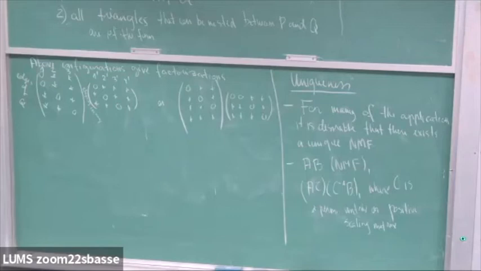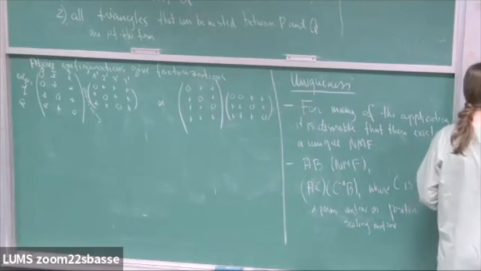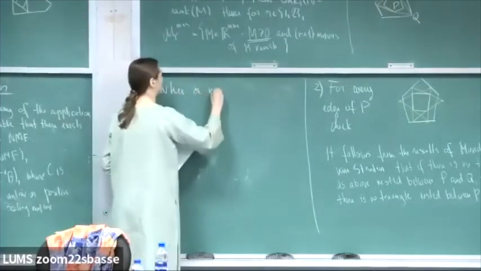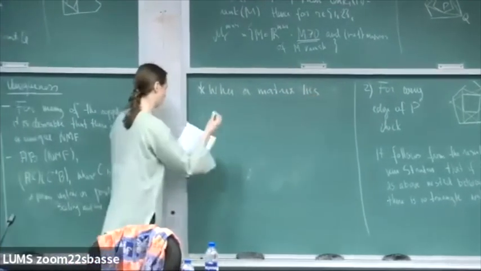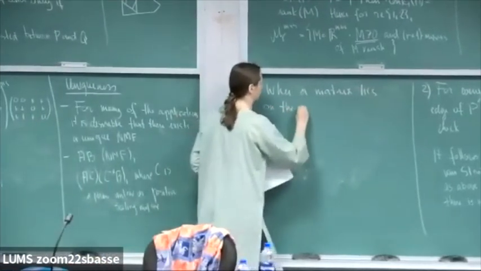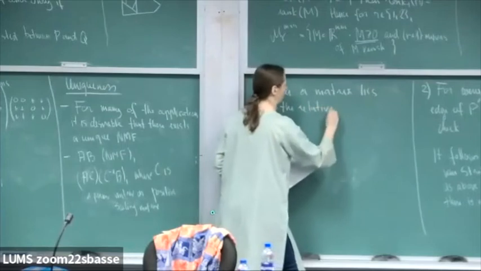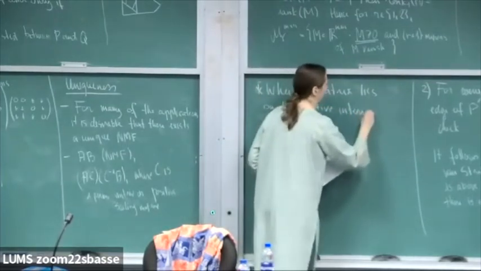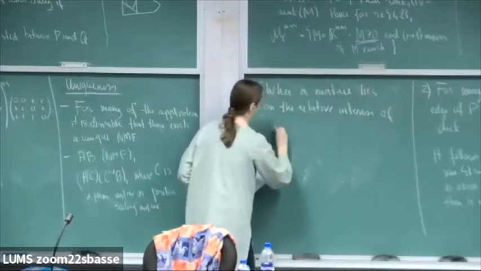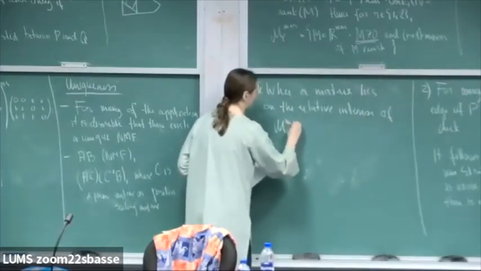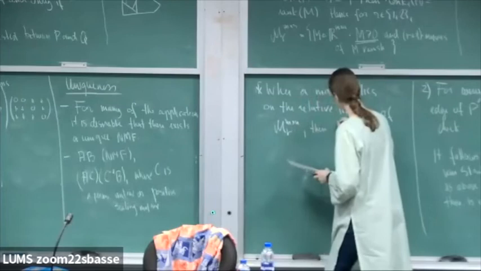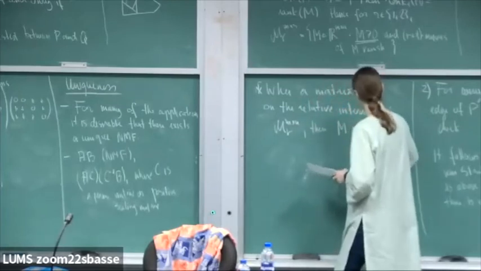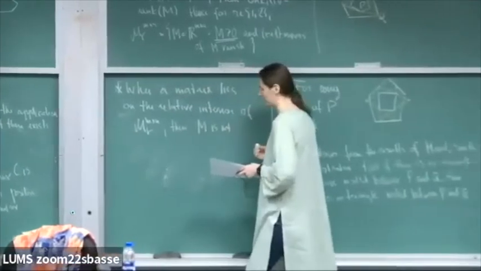And the last thing that I will write down is that when a matrix M lies in the relative interior of the set M_R, n times n, then M is not uniquely decomposable in the non-negative matrix factorization sense.